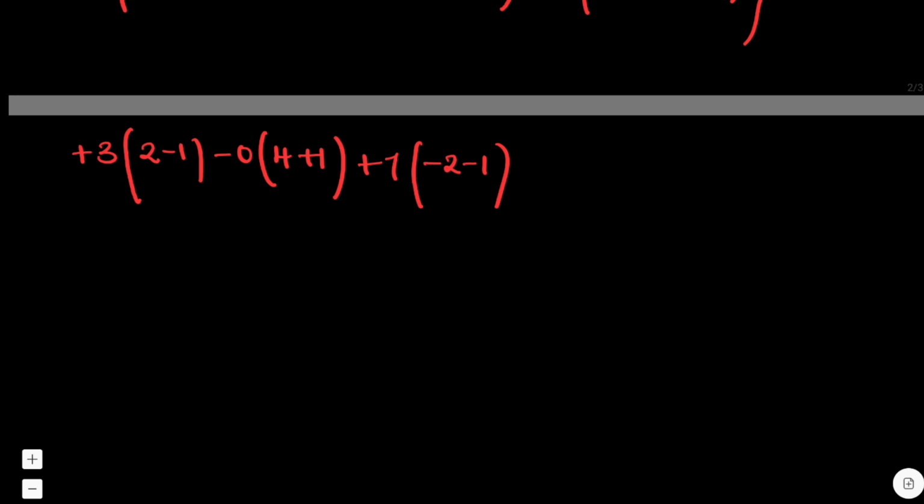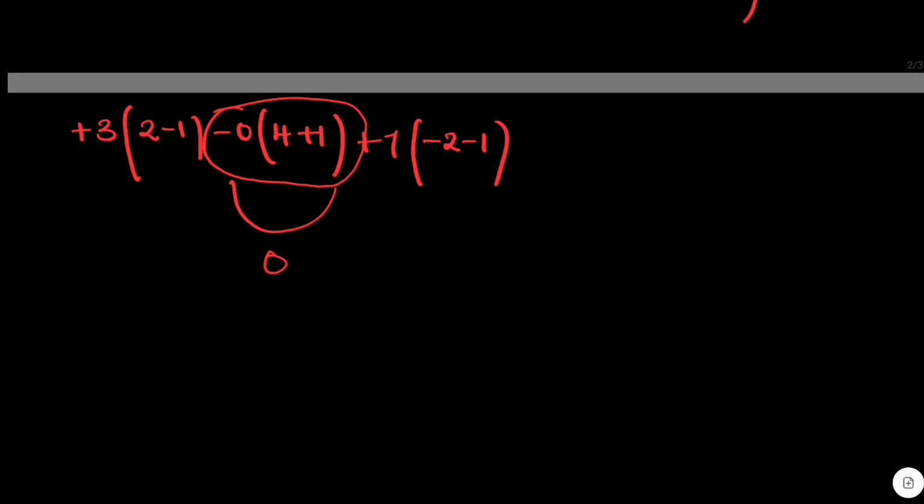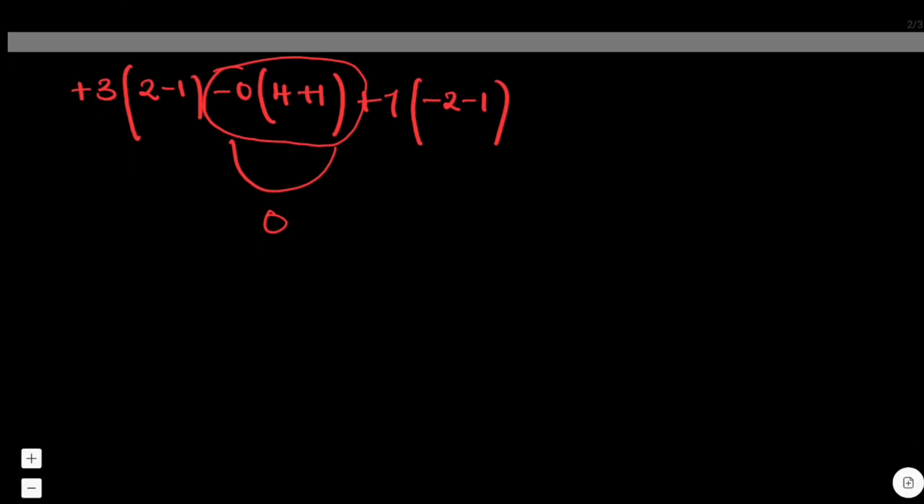Now this one has 0, so it's just going to be 0. That is why we choose rows with zeros, to simplify things.